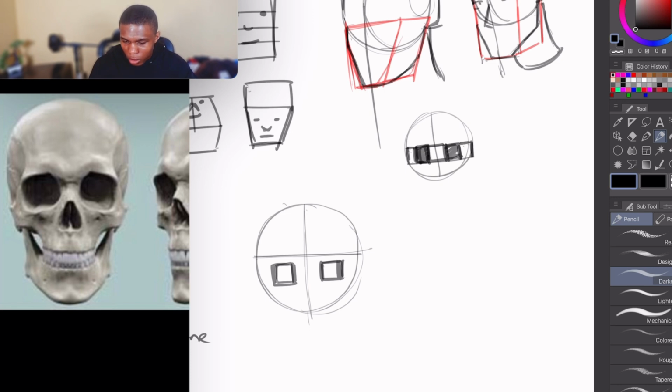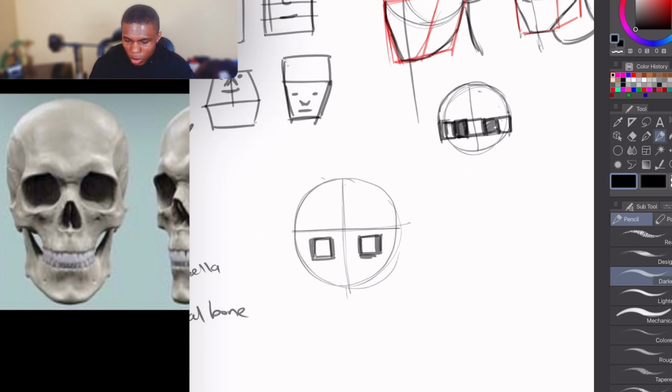You could then add an extra box to keep it even, to get the correct distance between the orbit and the area of the ear. So that's a tip you can use when drawing the skull.